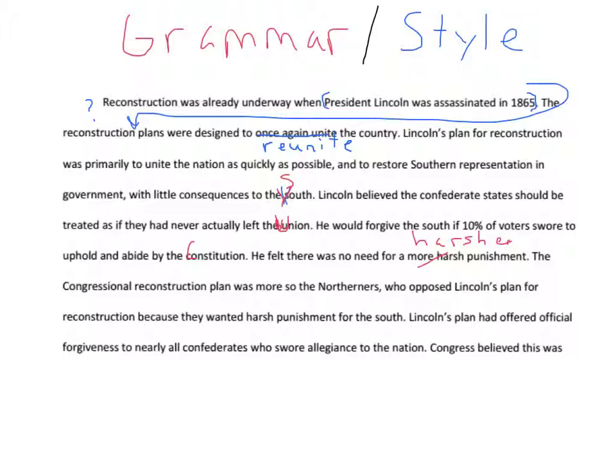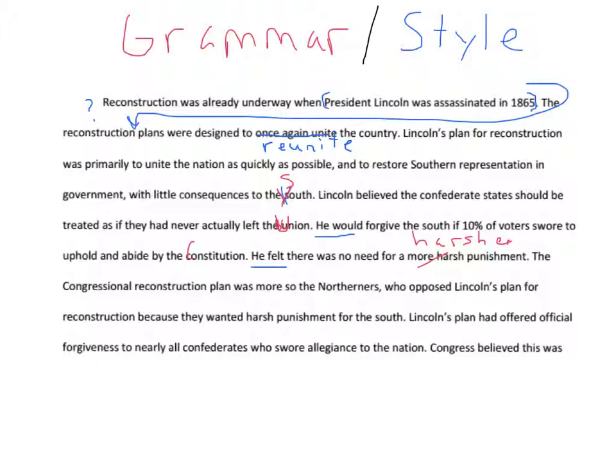Another thing is we've got a repeating of he and he right here. So maybe we could rearrange those sentences so we don't have a repeating of the same words and same structure.